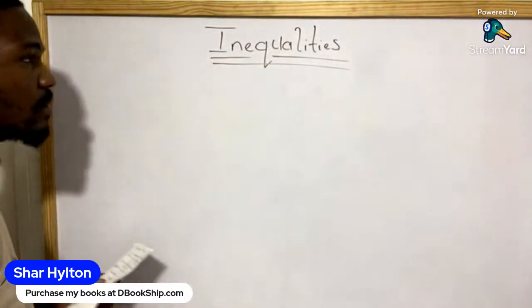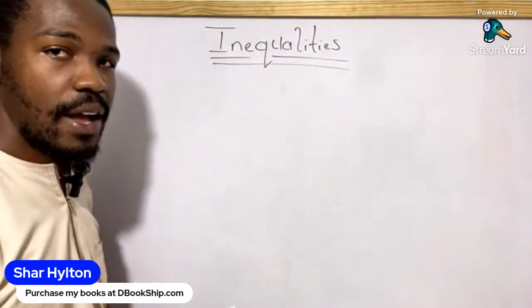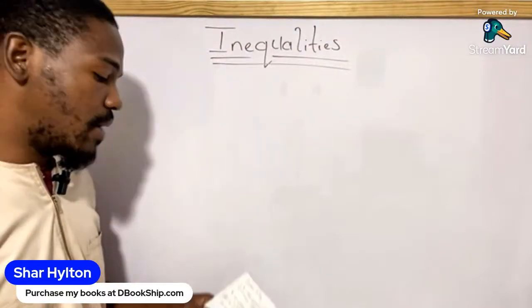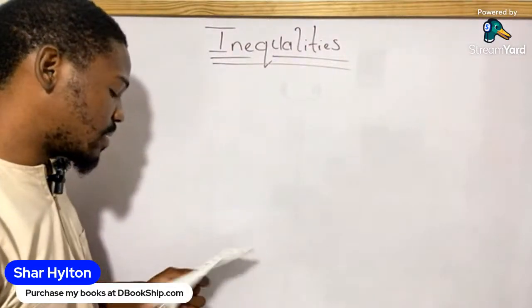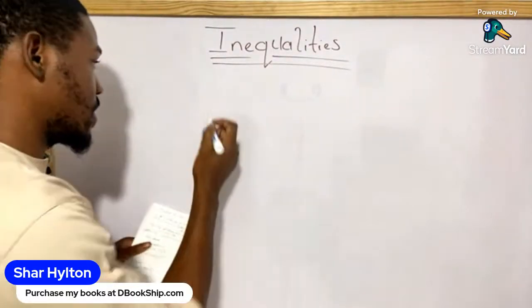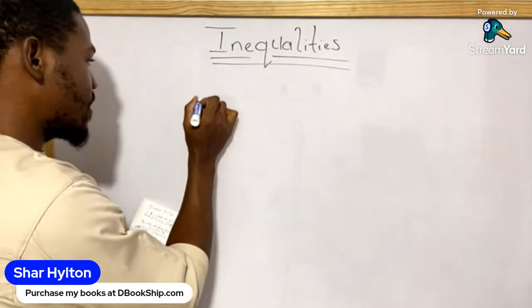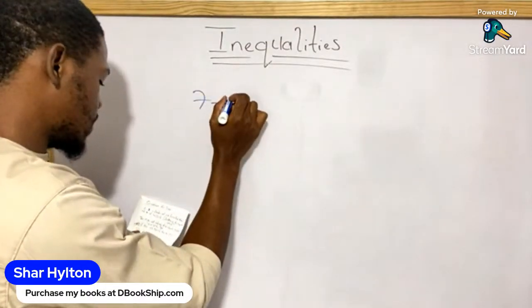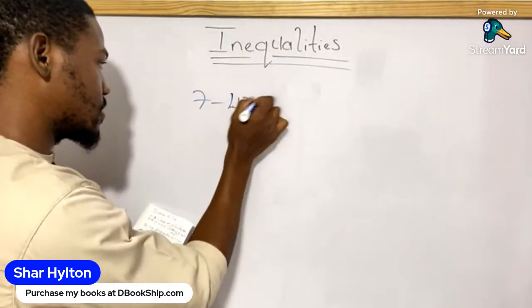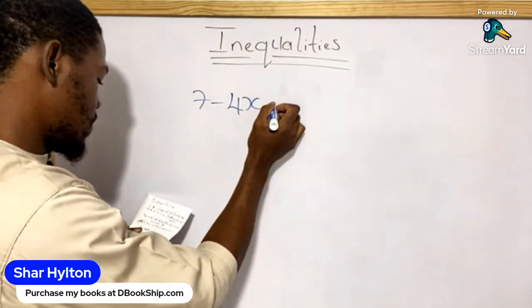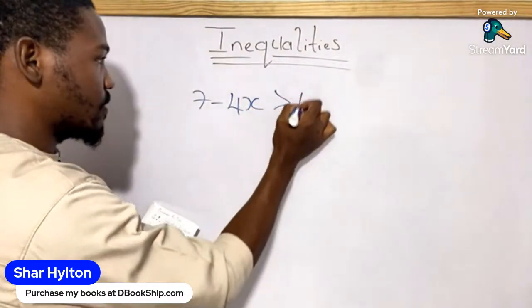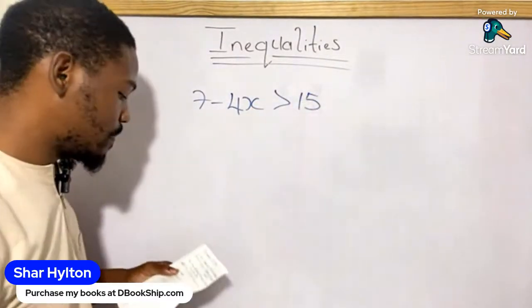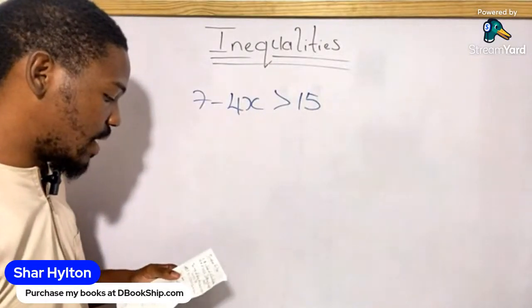All right, so we want to look at range of values as it relates to inequalities. So let us look at this one, for example. So we have 7 minus 4x, which is greater than 15. All right, so we're just going to look at that.